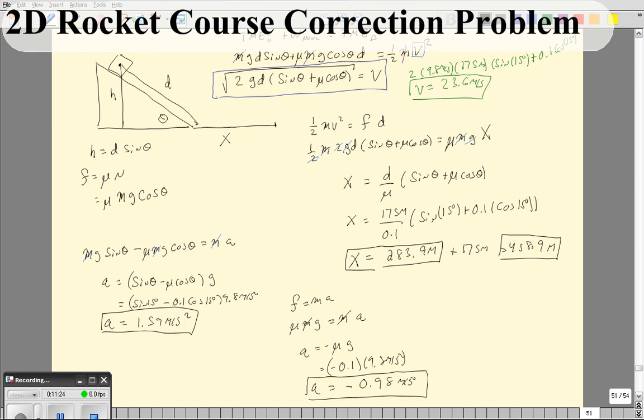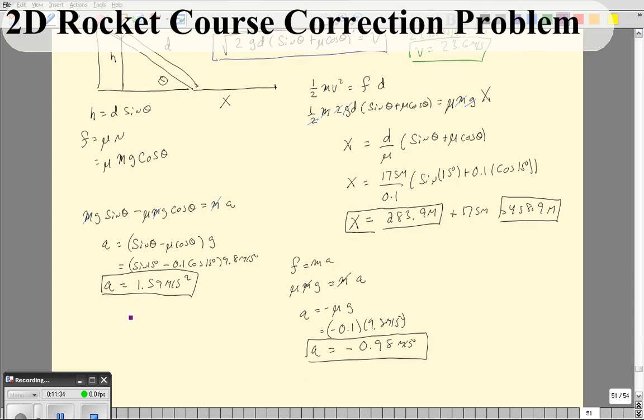So now that we have the acceleration, we can go ahead and figure out how much time it took to stop, and we can corroborate that with what we saw in the video. So if we look at the acceleration, by definition it is change in velocity over time.